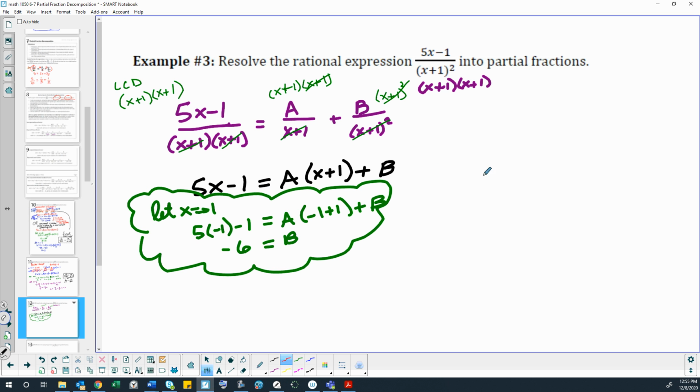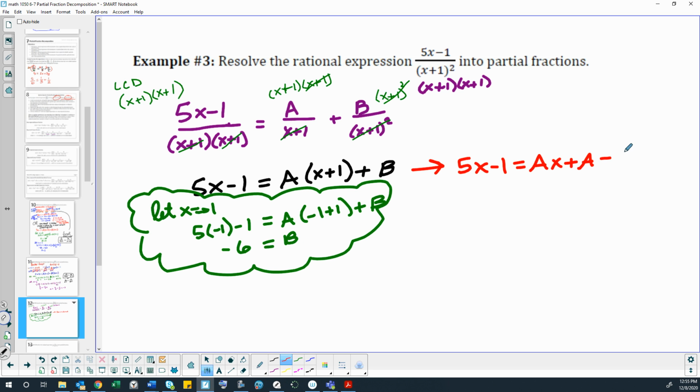Okay, now let's go with the other method we learned, where we gather up our terms. So we're going to go 5x minus 1 equals A times x plus A times 1 plus B. But we already know what B is. Would it be okay if we just plug in B, since we already found it? I don't see why not.